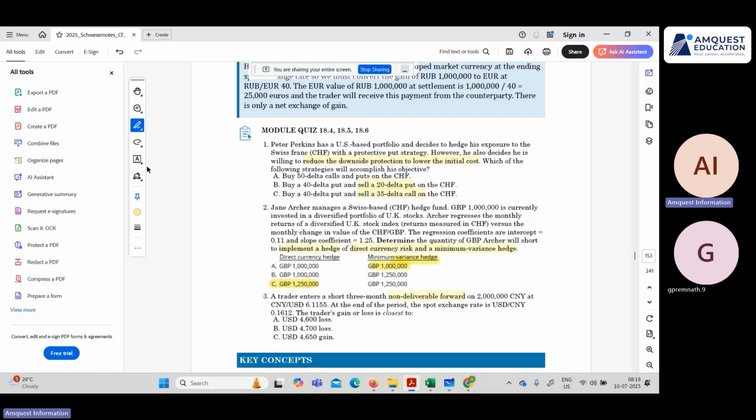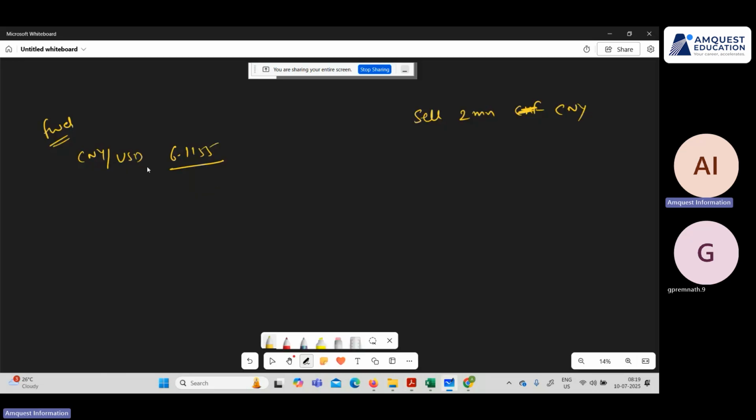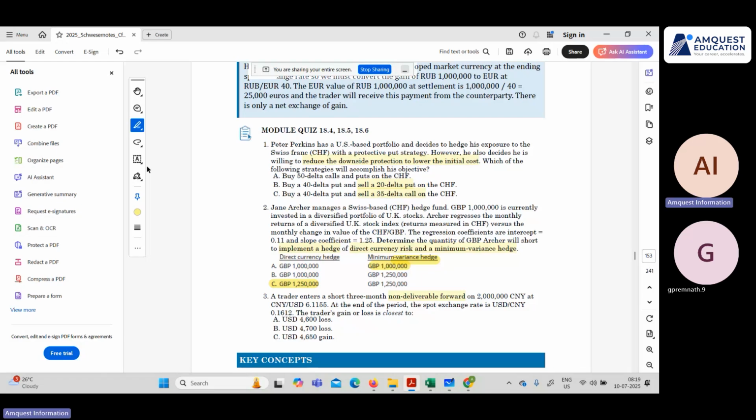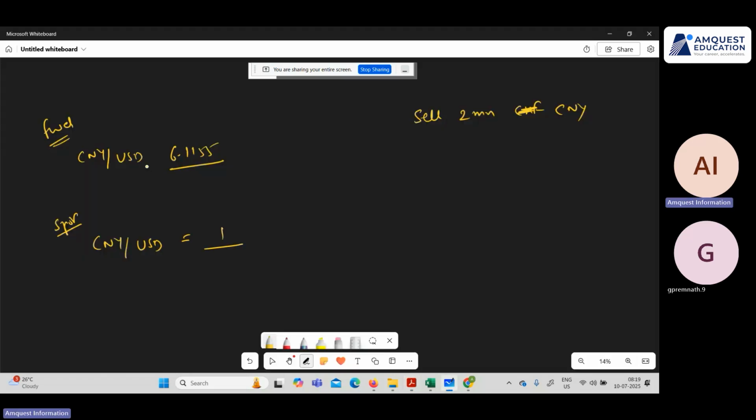And as per the spot, my CNY by USD is 1 by 0.1612. This is 6.2.